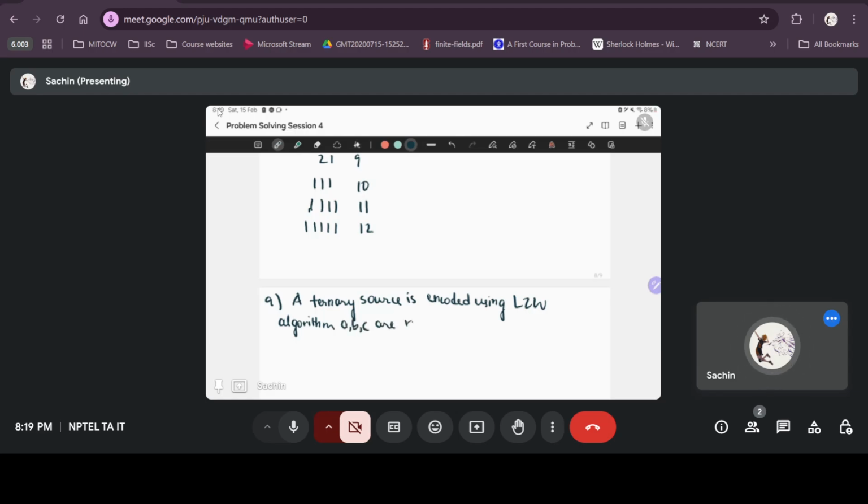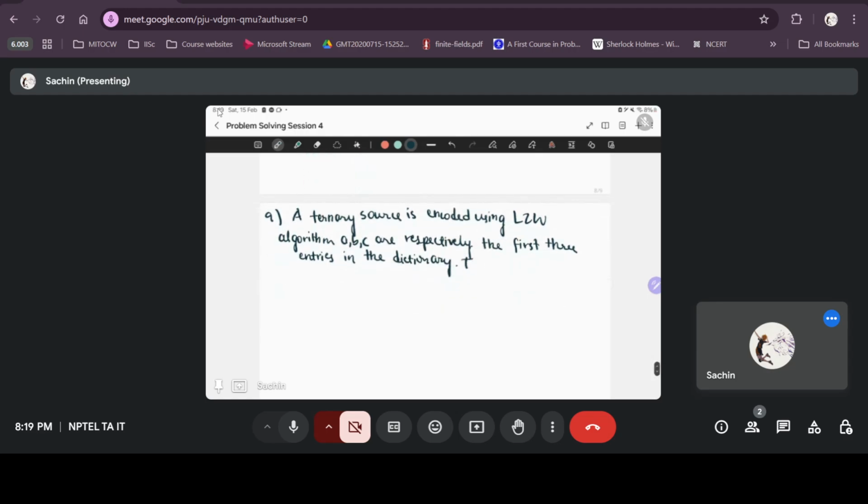A, B, C are respectively the first three entries in the dictionary. The received noiseless code sequence is 1 2 4 3 5 8 1 10 11.